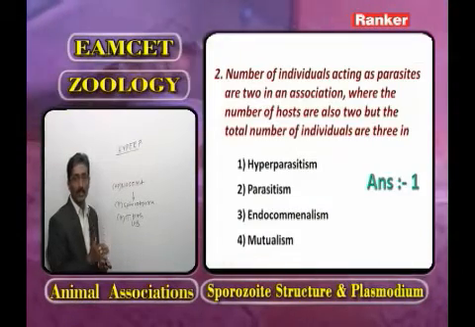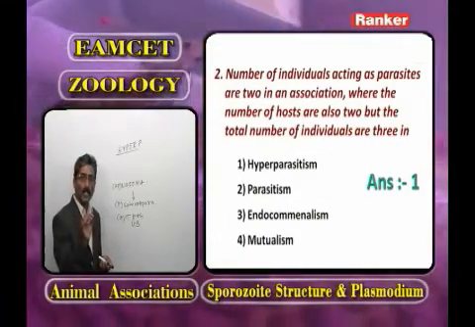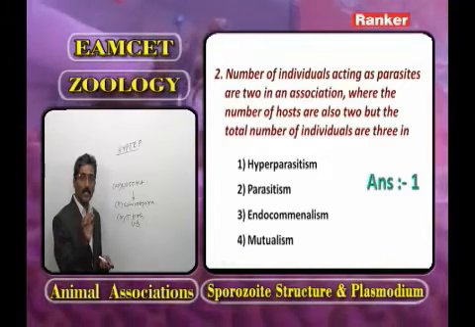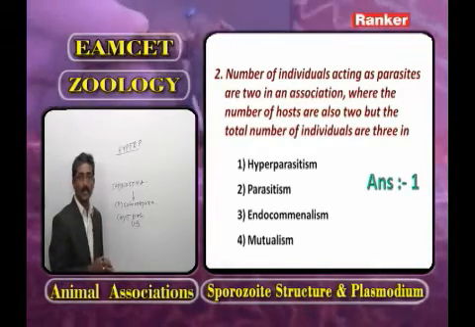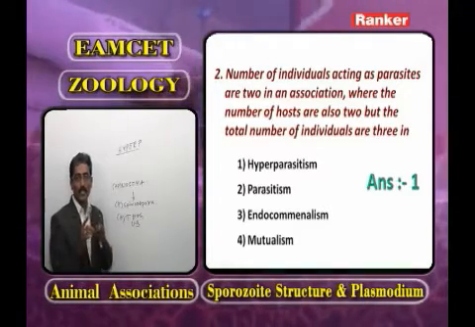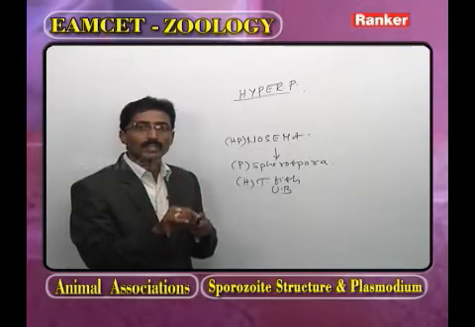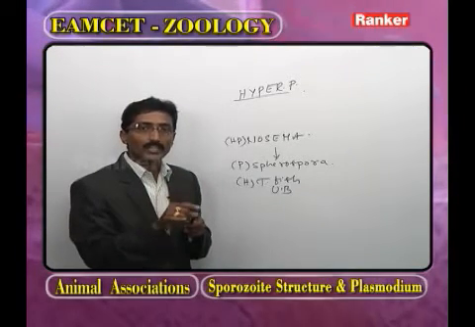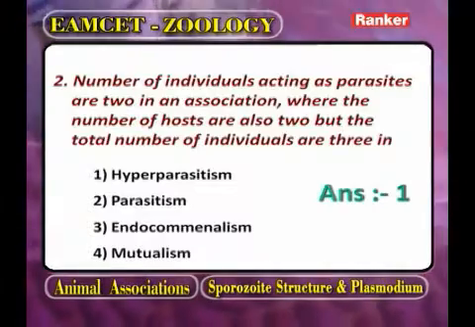What about endocommensalism? We discussed it already. Endocommensalism means association between an endocommensal and the host. The best classical example is Escherichia coli. What about mutualism? In mutualism, the two organisms are mutually benefited or metabolically dependent. So for this question, the answer is hyperparasitism.